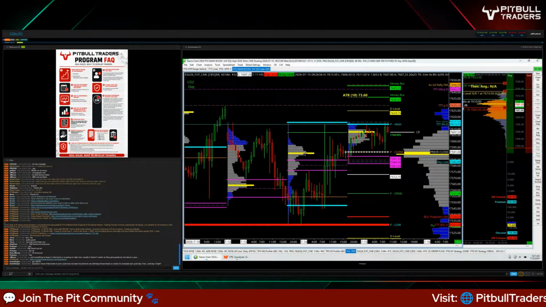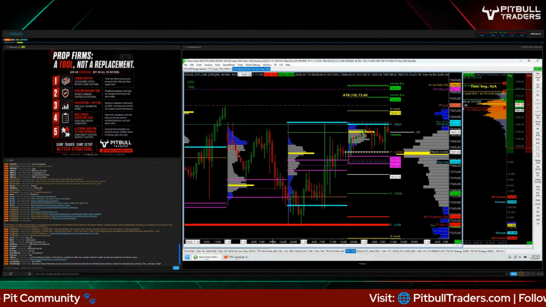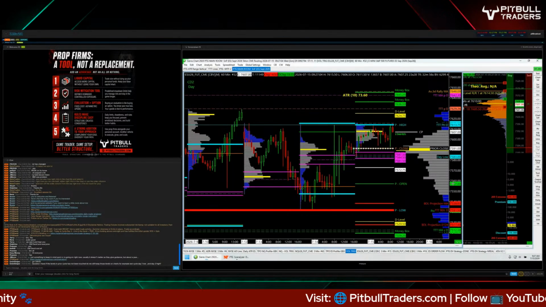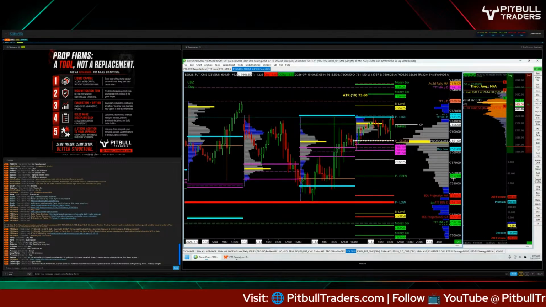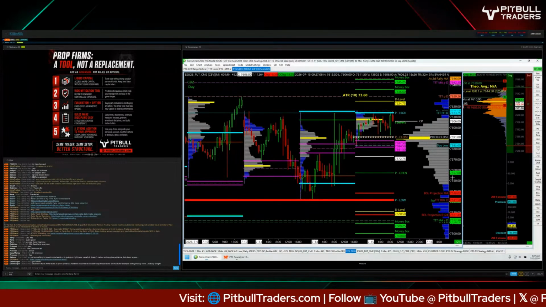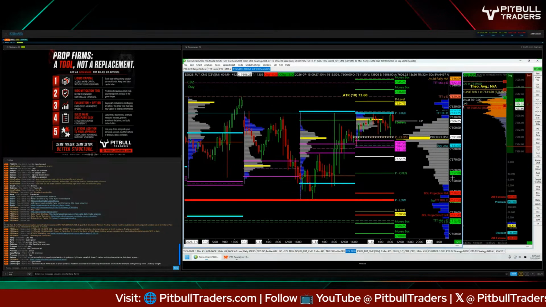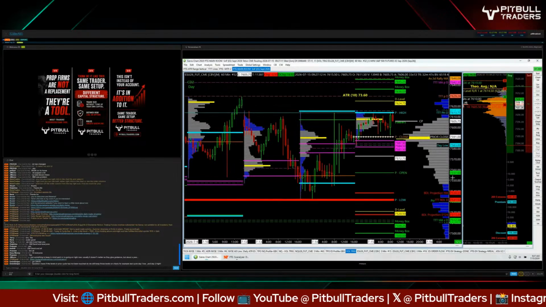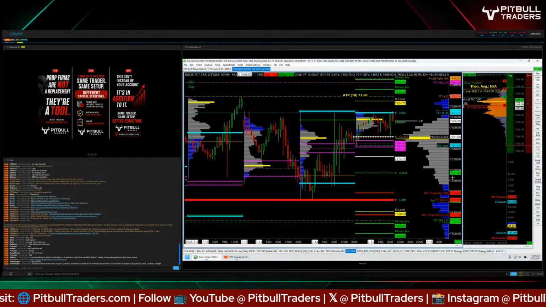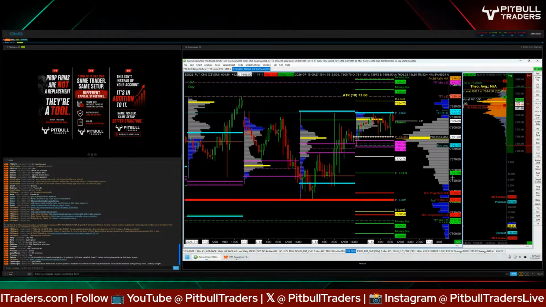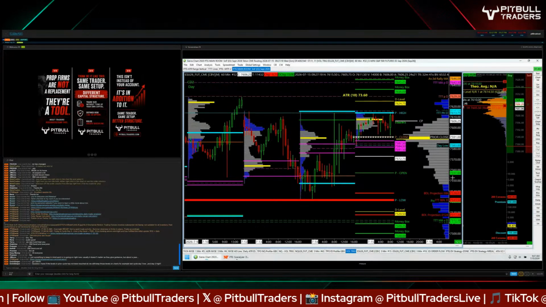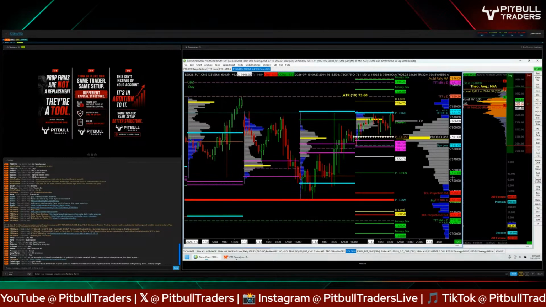Yes, so of course the controlling cycle is the current one. But prior cycle levels that have not been touched, either a cycle day one or cycle day two, are they still valid? Yes, they are.